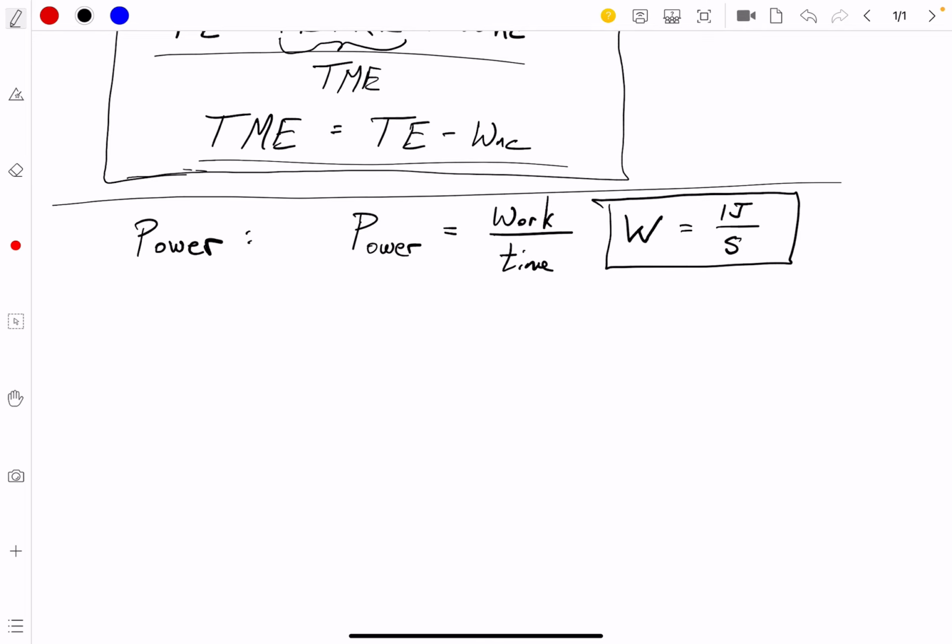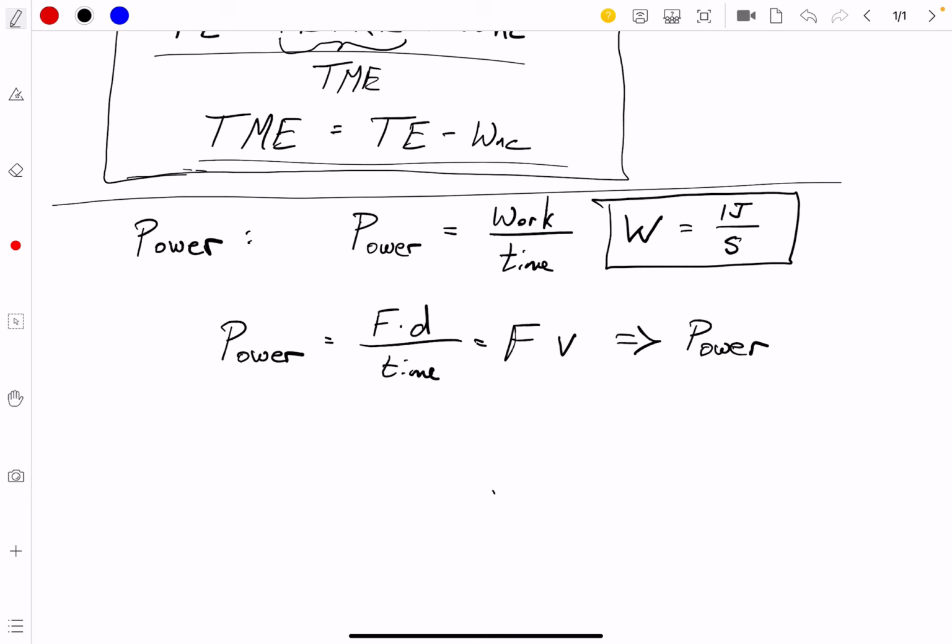Now, power is equal to your work, which is equal to a force times a distance, and you're dividing that by time. So distance divided by time, we all know what that is. That's a velocity or speed. So if you know your force and your speed, you can multiply those two things together and get your power. Okay, so that's one other way to do it.